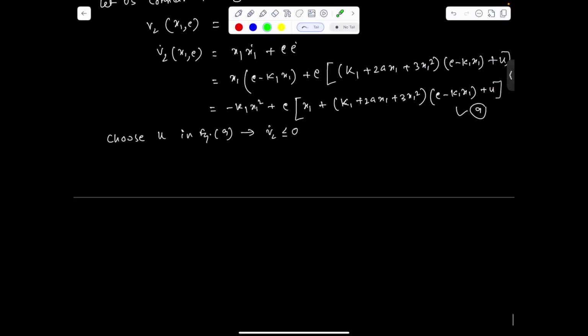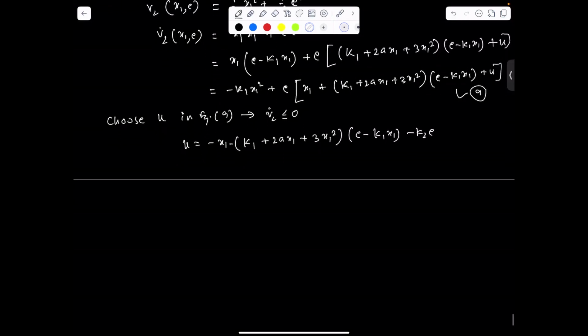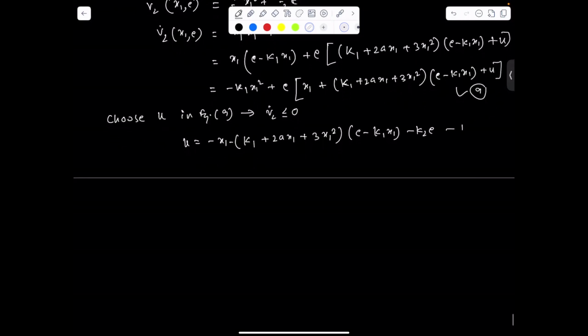So we can choose u equal to minus x1 minus k1 plus 2a x1 plus 3x1 square into e minus k1 x1 minus k2 e. So this is equation 10.